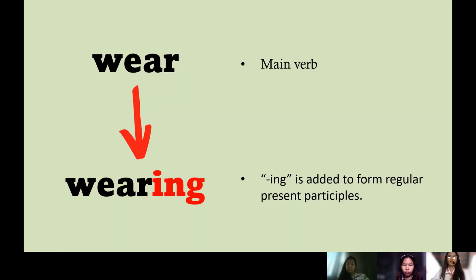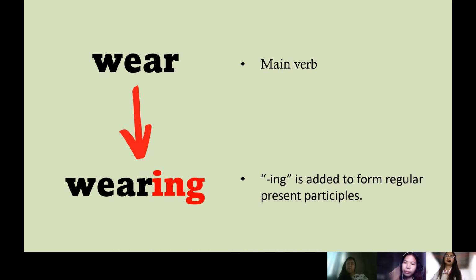Okay, next. How about wear? How do we spell wear in present participle and gerund? You just have to add ing in the word po, at the end. Okay, so we have wear, wearing.